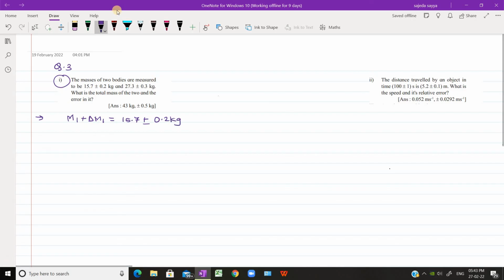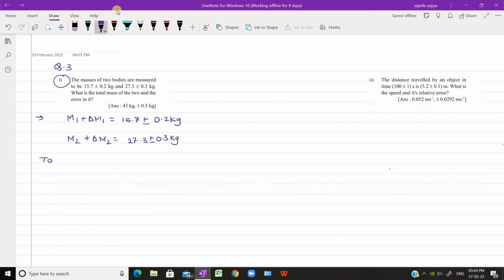Another mass which is given, I will assume it as m2, and error in its measurement is delta m2. Therefore total mass given is m2 plus delta m2, which is equals to 27.3 plus or minus 0.3 kg. We are asked to find total mass.